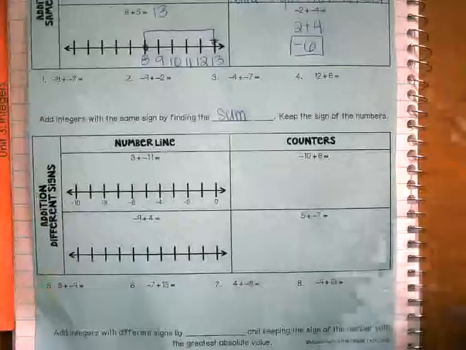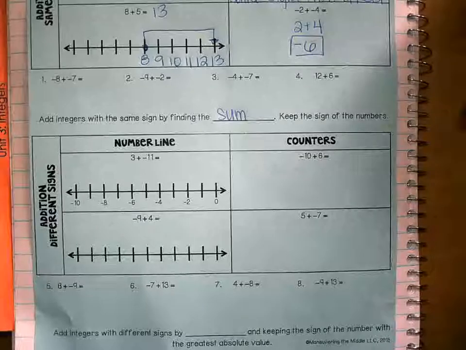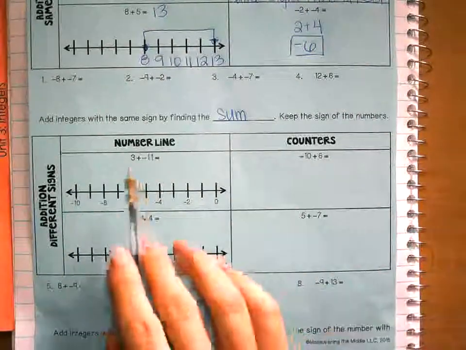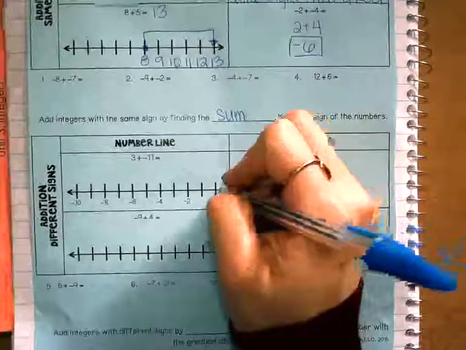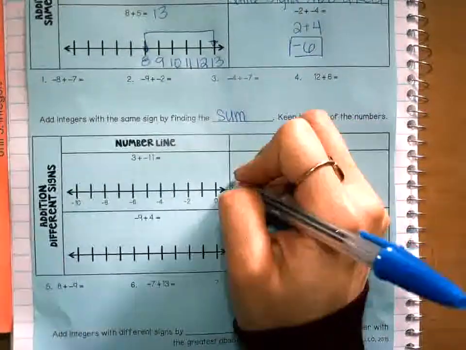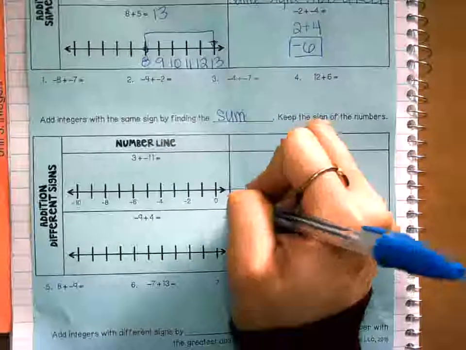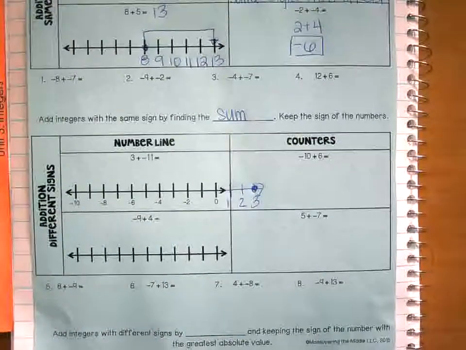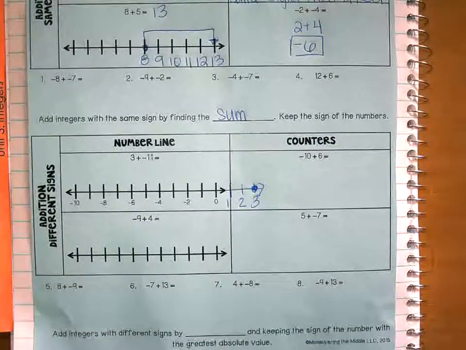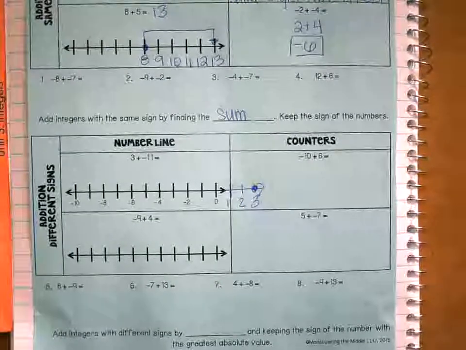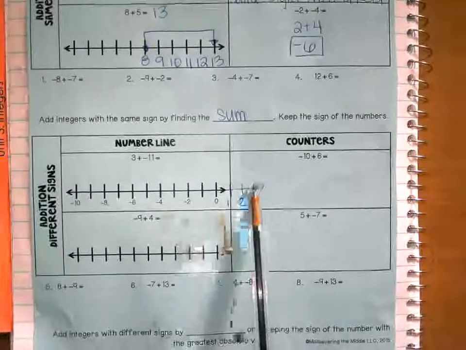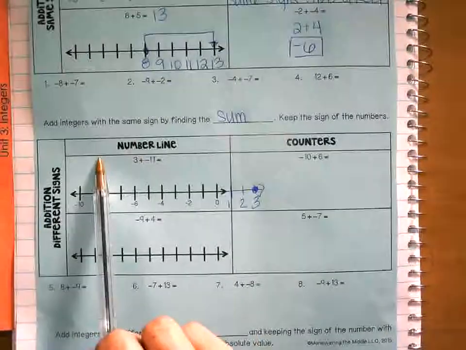Because then we're going to get to questions like down here, where it's a little bit different, right? My signs are different. I have 3. I'm going to add a little bit onto this because obviously I don't have the number 3 listed here. So there's my 3. I want to add a negative number. Adding negative numbers, am I going to go to the right or to the left?